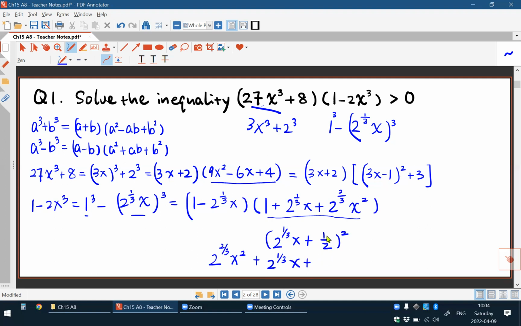Then plus 1/4, because you have a 1 here. So we need to make up a 3/4. So this is actually 2 to 2/3 x squared plus 2 to 1/3 x plus 1, which equals 2 to 1/3 x plus 1/2 squared, then plus 3/4.